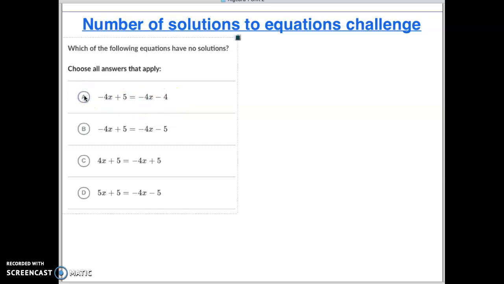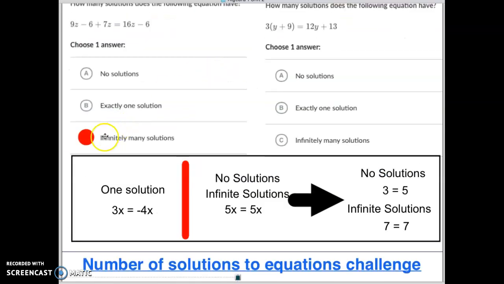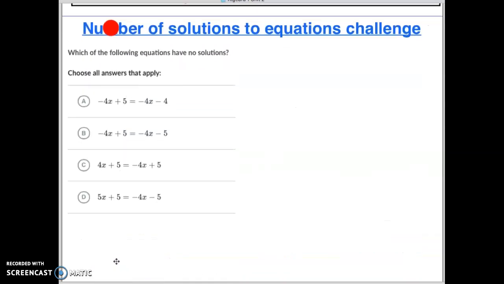So we've got this one. Do I have any more? That one and those two match. The numbers do not match, so that works. Here the x's do not match, so not that one, and the x's in this one do not match, so not that one. So that would be that answer.